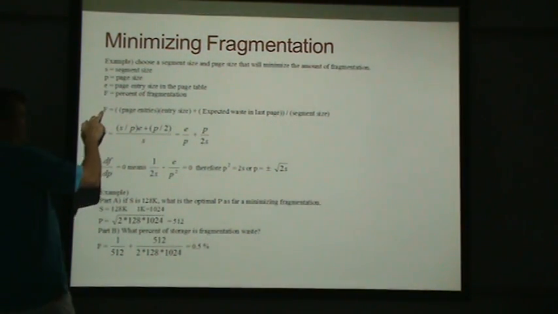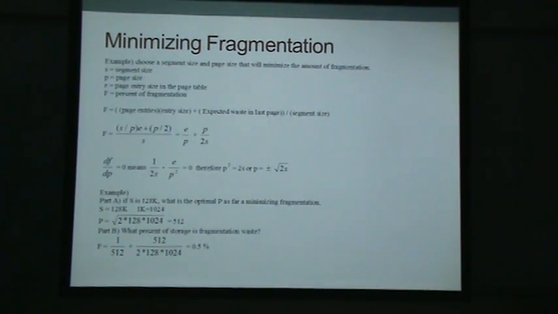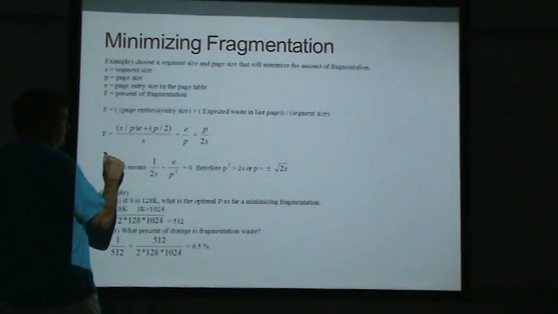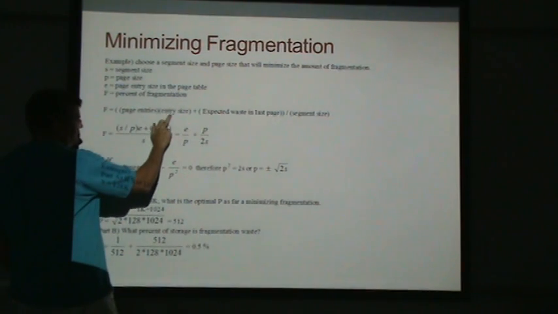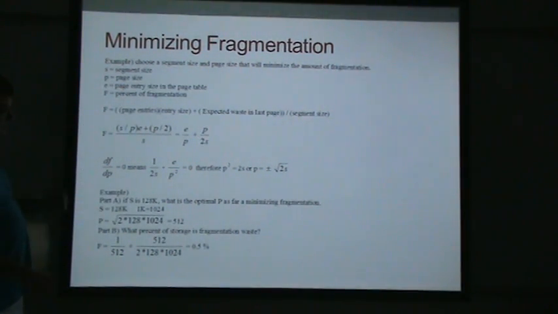So F is the percentage of our whole segment that we have to take up just to run this paging virtual address translation system. It's the number of page entries times the page entry size. That's the amount of space we're going to have.